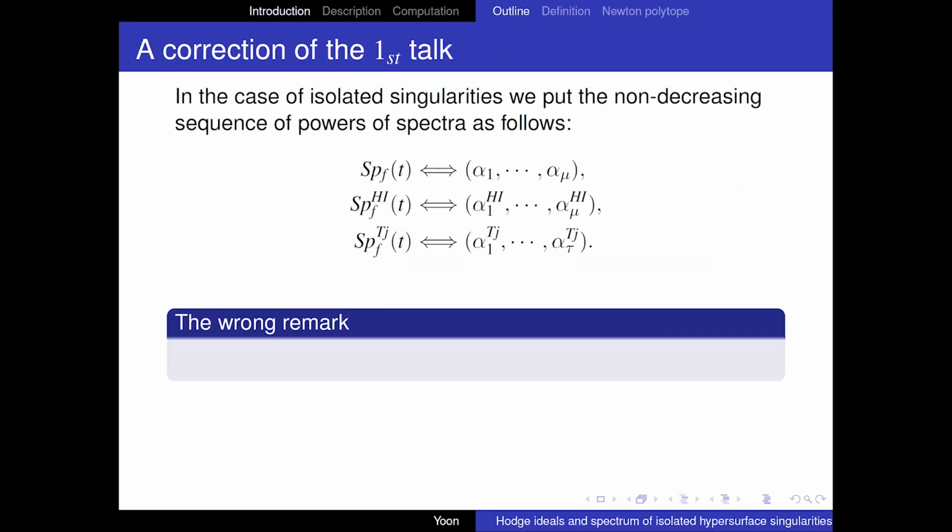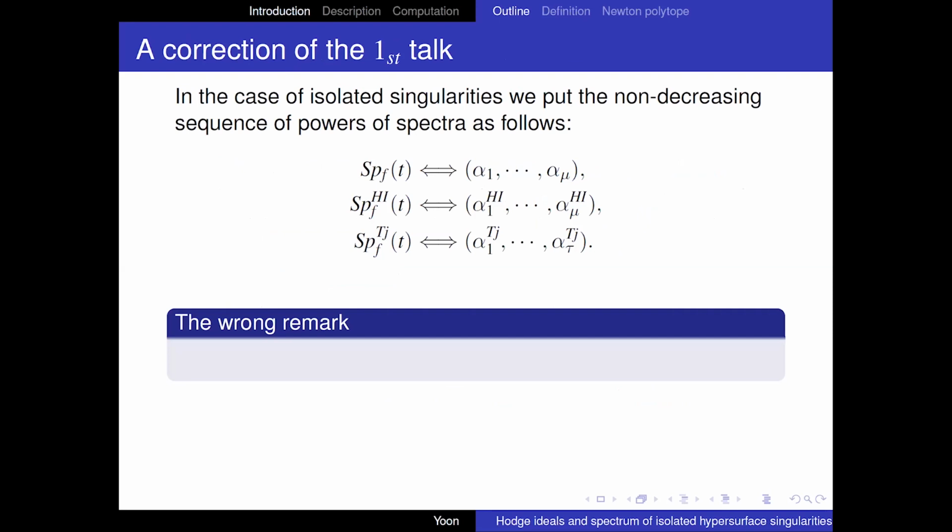At this point, I should make some correction to the last talk. In the last talk, we defined three spectra. The first spectrum is the Steenbrink spectrum. The second one is the Hodge ideal spectrum.